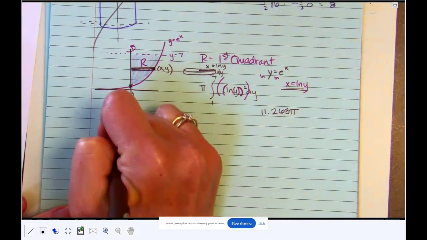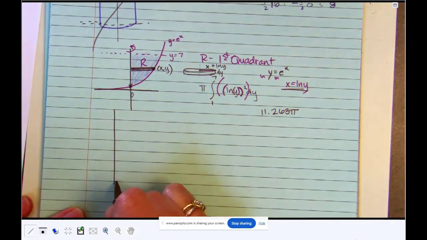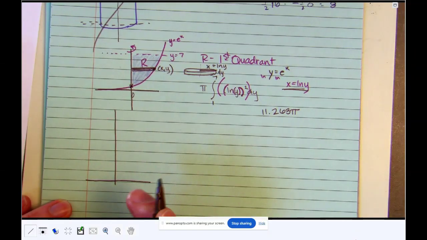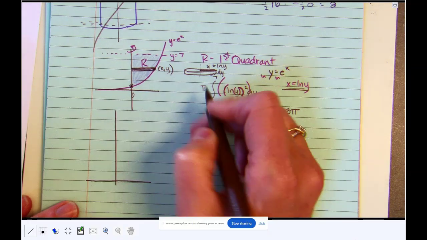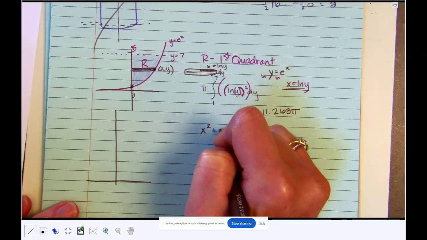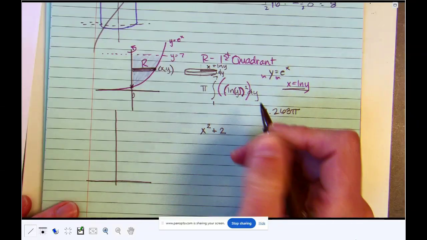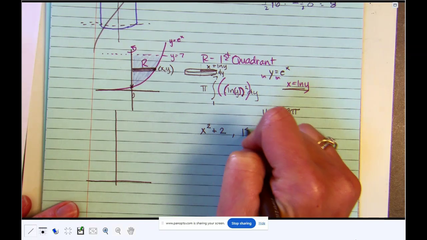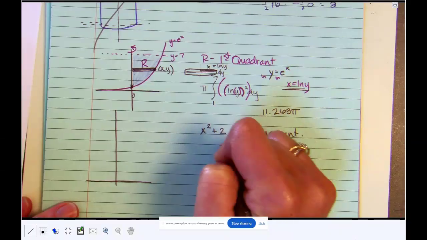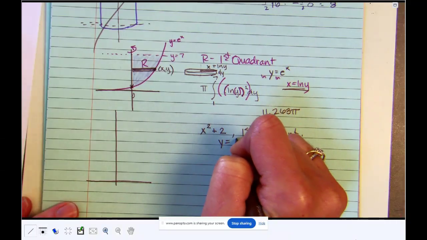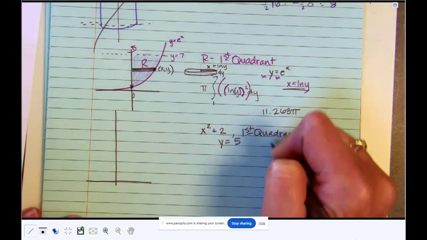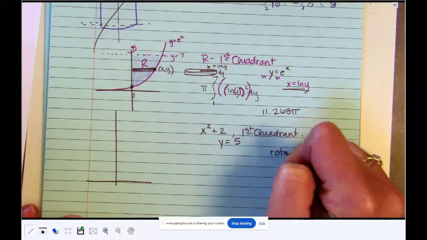Let's go with the equation x squared plus 2, first quadrant only, and then the line y equals 5, and I want that rotated around the y-axis.